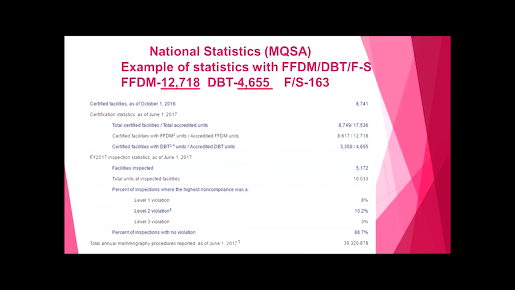So when we began to look at the overall program and the national statistics for MQSA, and this is public knowledge, you can look these up at any time. This is dated June the 1st of 2017. Certified facilities, 8,741.